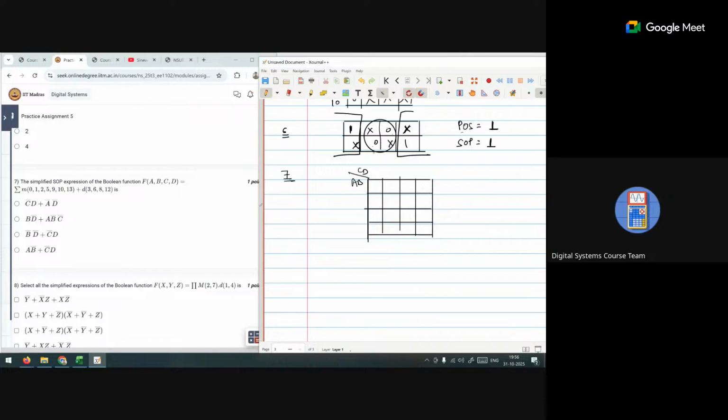A, B, C, D: 0, 0, 0, 1, 1, 1, 1, 0, 0, 0, 1, 1, 1, and minterms 0, 1, 2, 4, 5, 9, 11, 10, 12, 13.